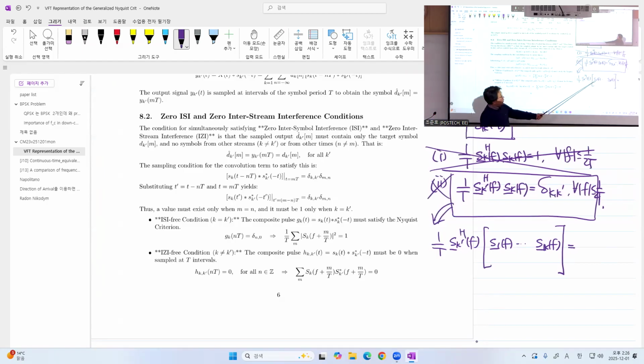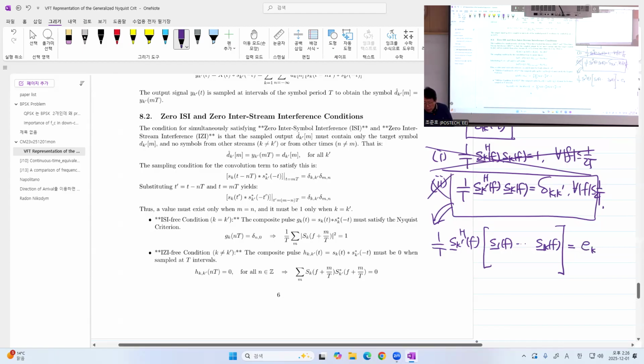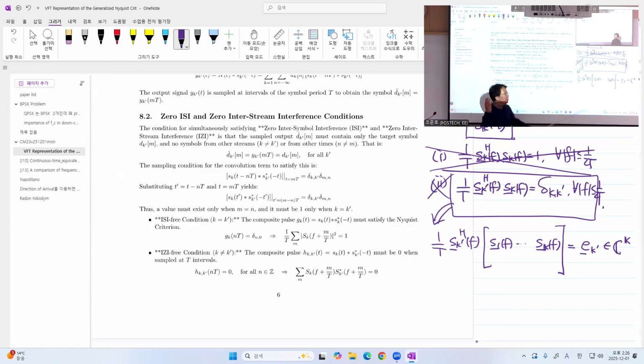If k prime is inside this 1 to capital K, then you will have all zeros and suddenly 1 and all zeros. What is that kind of vector? We usually use it as the E sub k vector, which is a length K vector, complex, but real doesn't matter anyway.